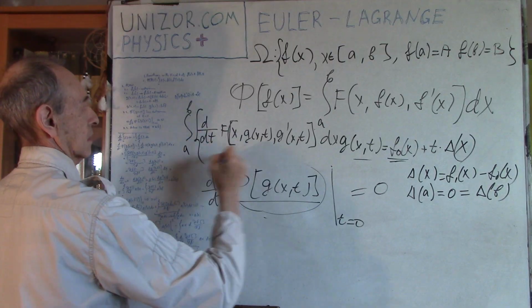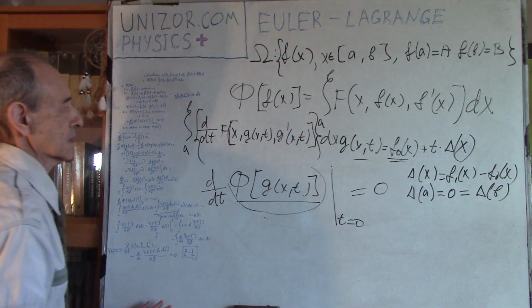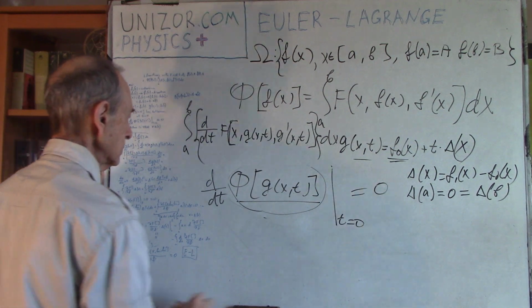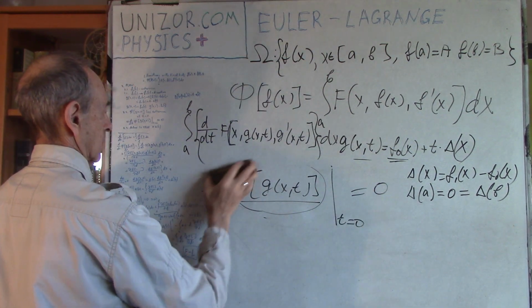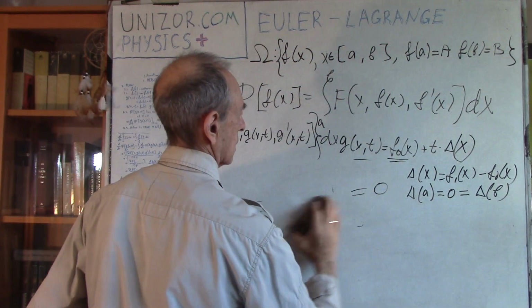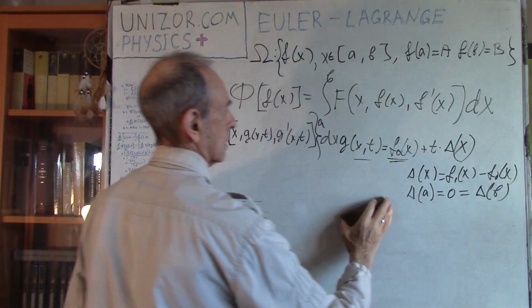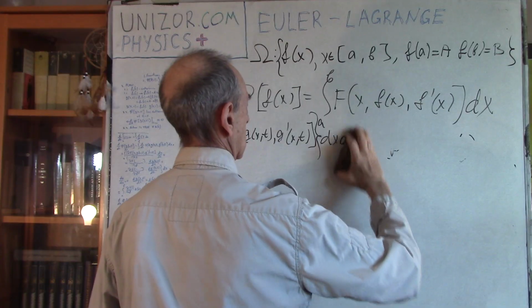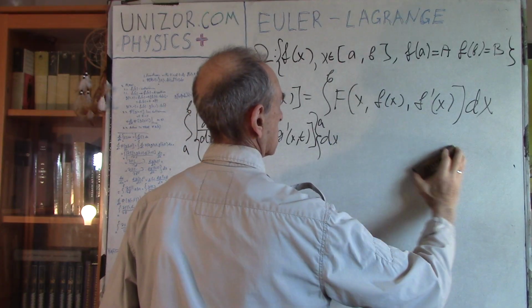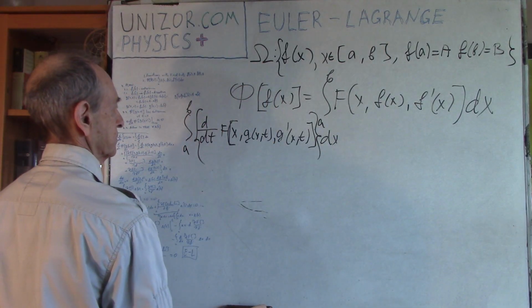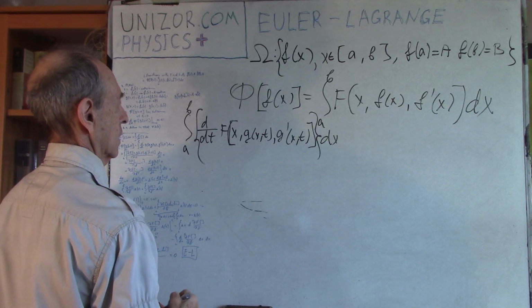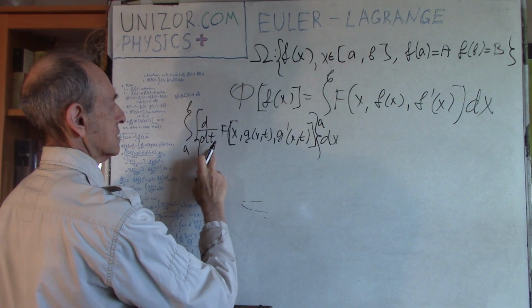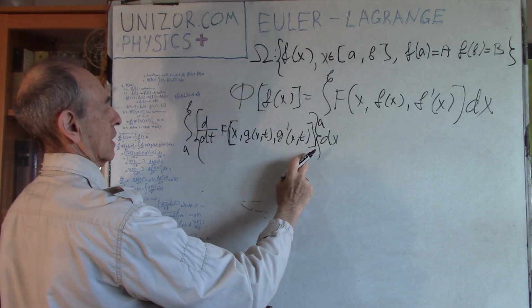So that's my integral. Now, how do we do differentiation by t if you have a function of three different arguments?